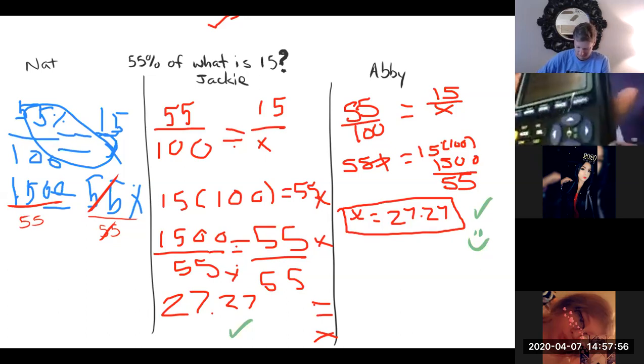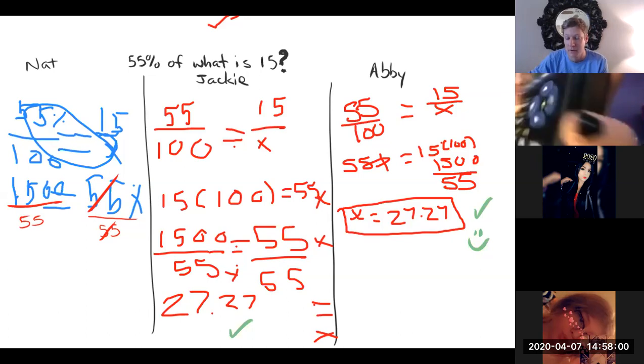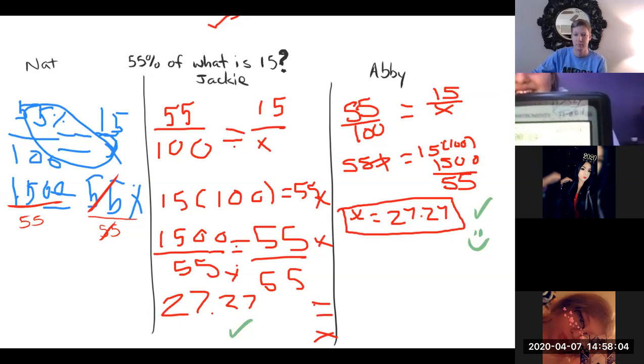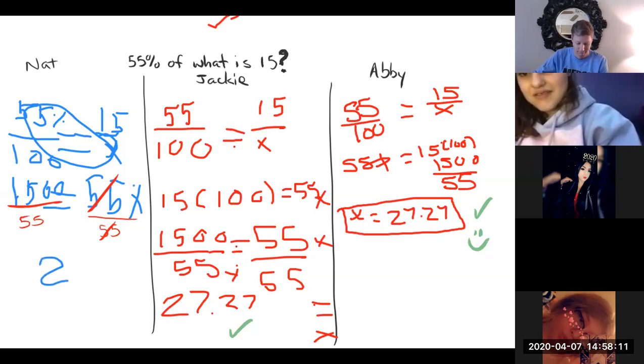Is this right? I can't see it. Move your calculator down a little bit. Okay. Yep, that's right. Can you see what Jackie and Abby also got? Yeah. Same number. So good job.